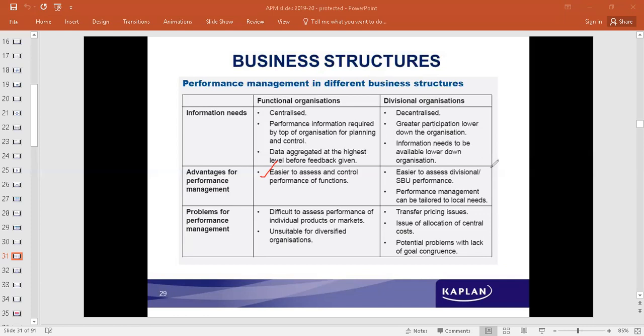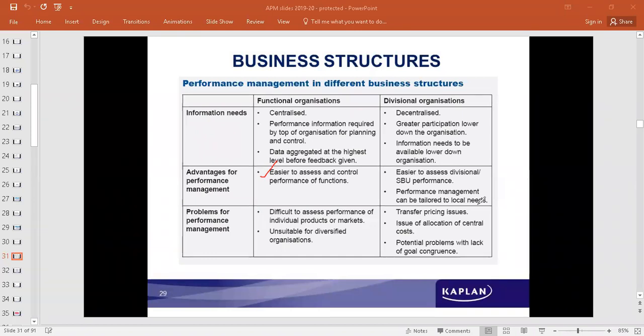So it is easier to assess divisional or SBU performance, strategic business unit. Performance management can be tailored to local needs. They can focus only on their department or division and take up the work. They don't have to look at the other aspects of it.